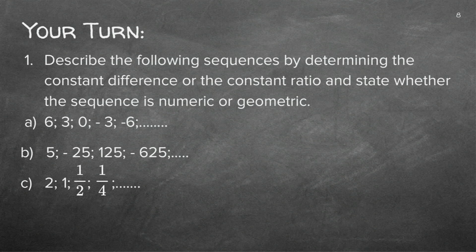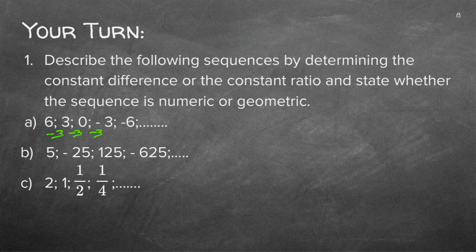We've got a 6. First, are the numbers increasing or decreasing? They are decreasing, right? And to go from 6 to 3, we have to minus 3. Now let's see if this is the same for the next number. 3 minus 3 gives us 0. I think we've got this one. 0 minus 3 is minus 3.